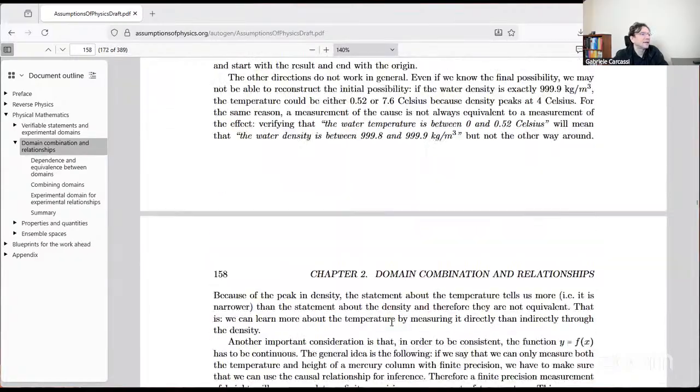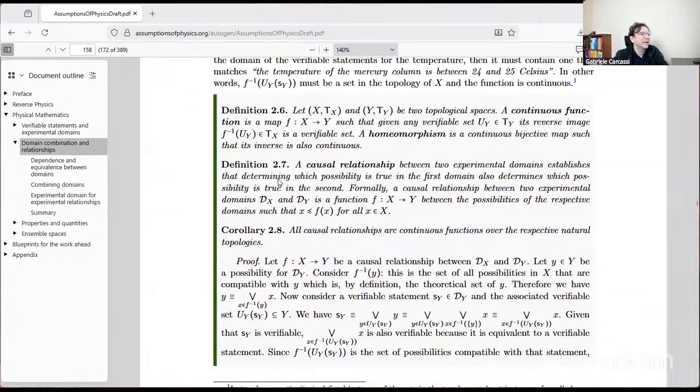On the other side, we have a map from X to Y, so not to the domains, but the possibilities, and we go from X to Y instead of Y to X. And what is preserved is narrowness, so it's not equivalence, it's narrowness. And narrowness you can also think of as a sort of implication: if this is true, then this other thing must be true, but not the opposite.